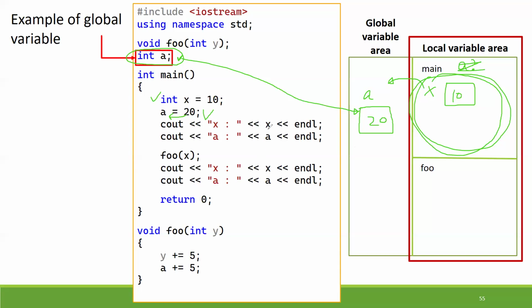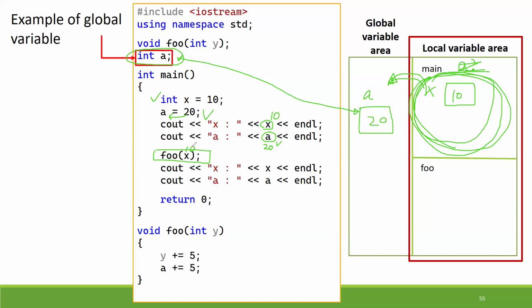And then here, X is printed out, 10. A is the same thing. At first, the computer will see if there is an A, but there is no A in the main, in this area. So it goes outside and sees if there is an A. Yes, there is. So 20 will be printed out. And then function foo is called.